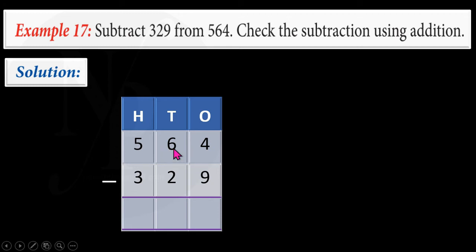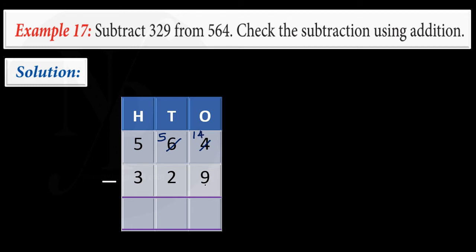So coming to tens place digit, we have 6 here, which represents 6 tens. So what we do now is we make these 6 tens as 5 tens and borrow 1 ten to the ones place, and we know that 1 ten is equal to 10 ones. 10 ones and 4 ones together becomes 14 ones. So we will write this as 14 now.